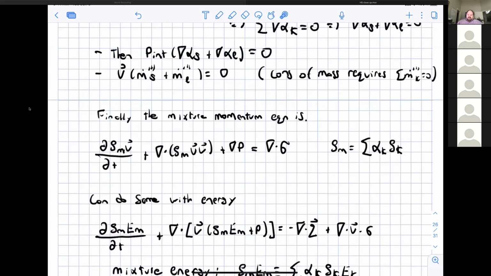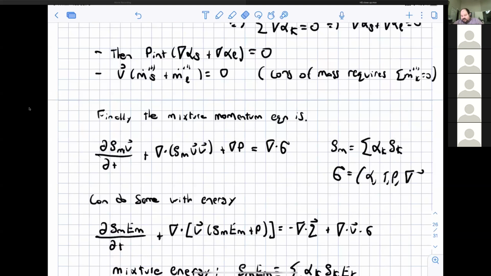It is more or less the same, except you do need to be careful that there is a mixture density, and so you need to be able to compute that. That's usually very straightforward. And then you also need a model for the viscosity as a function of alpha, T, P, and also the gradient of V. Okay, and so basically you need a way to mix everything.